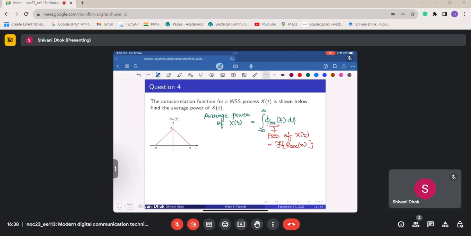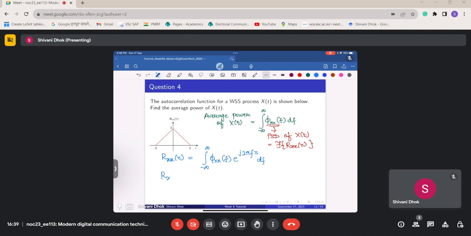So now if Rxx of tau and phi xx of f are a Fourier transform pair, then I can write this Rxx of tau as integral from minus infinity to infinity of phi xx of f into e power j 2 pi f tau df.